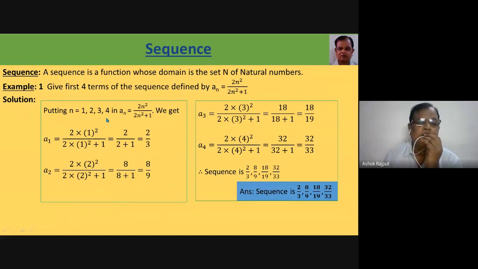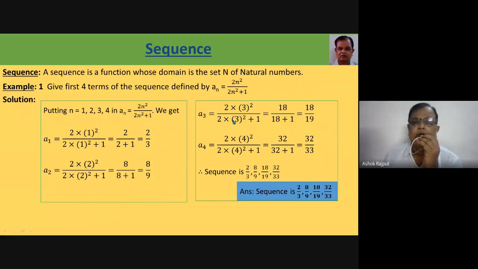Now a1 = 2 into 1 square by 2 into 1 square plus 1, which is 2 by 2 plus 1, equal to 2 by 3. A2 = 2 into 2 square by 2 into 2 square plus 1, which is 8 by 8 plus 1, so we get 8 by 9.